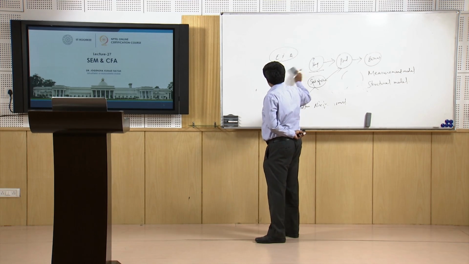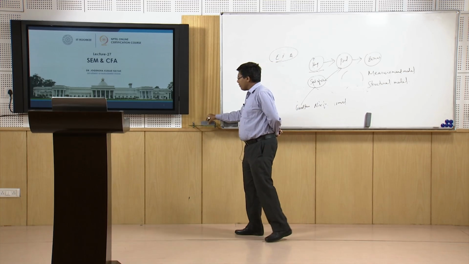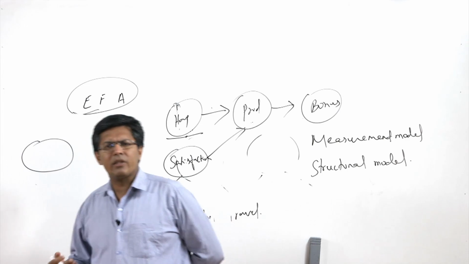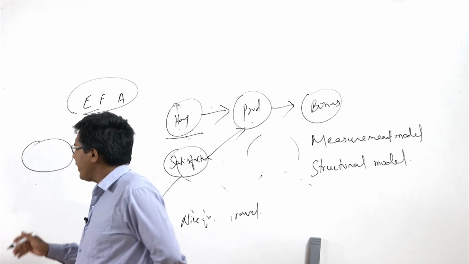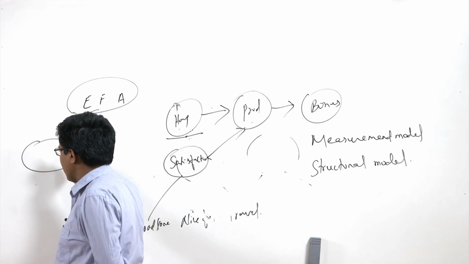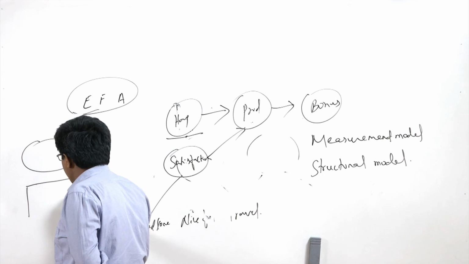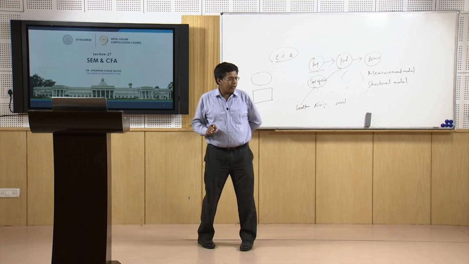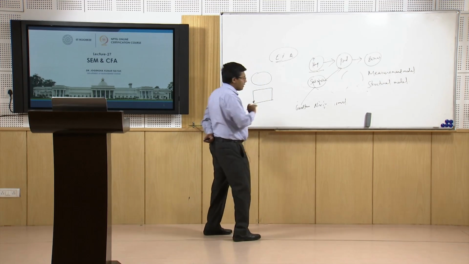When we are building the model, you need to remember something. A construct is denoted or represented by an ellipse, or you can say an oval, and a variable is represented by a rectangle. So these two things you need to remember.